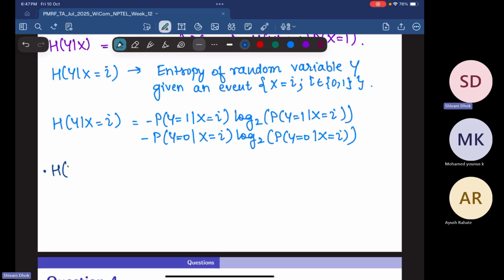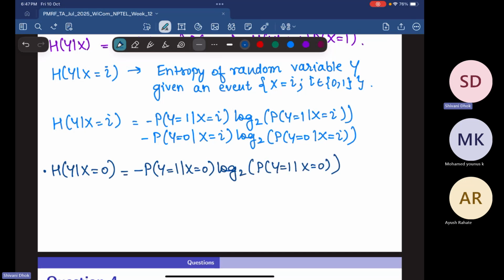So H of Y given X equal to 0 will be equal to minus probability that Y equal to 1 given X equal to 0 into log of probability of Y equal to 1 given X equal to 0, minus probability that Y equal to 0 given X equal to 0 into log to the base 2 probability of Y equal to 0 given X equal to 0.